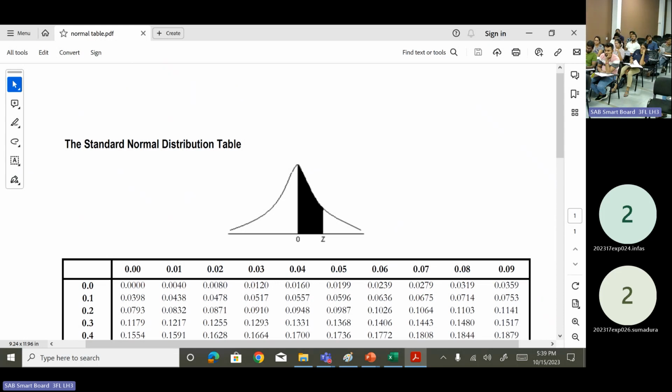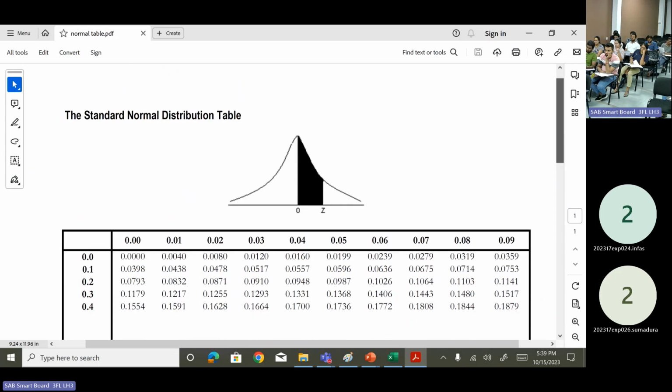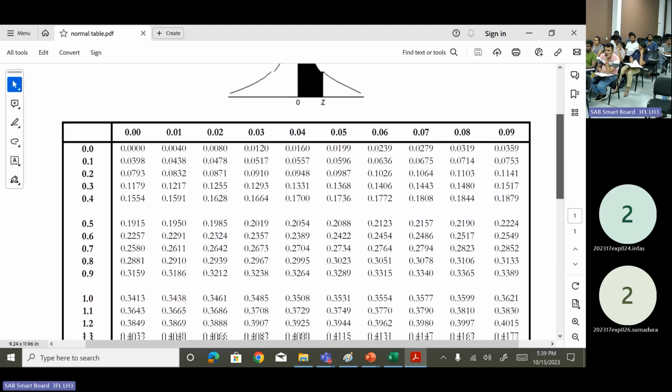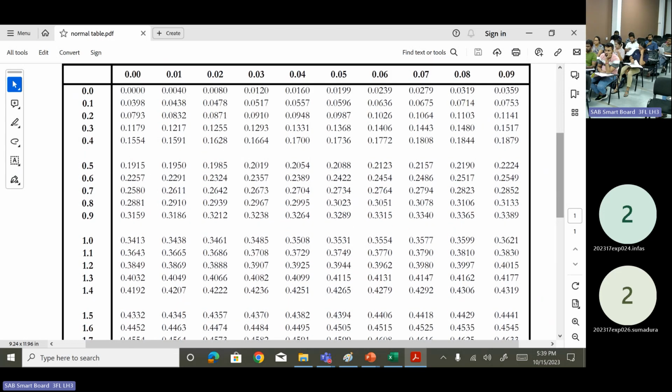So now our value is 1.25. For 0 to 1.25, what is the area we have? We have to refer. The first 2 digits, 1.2, you refer from the leftmost column, and the second decimal you refer from the top.